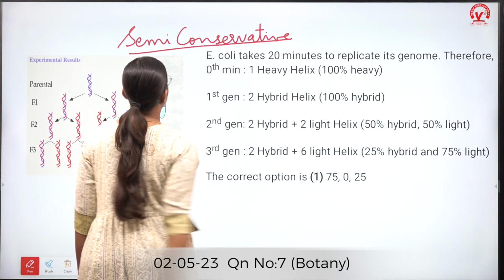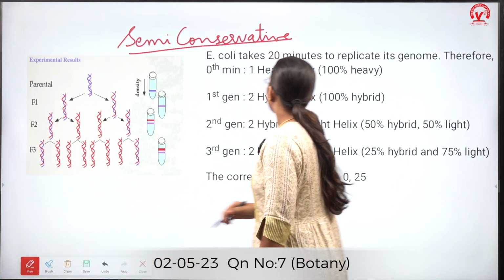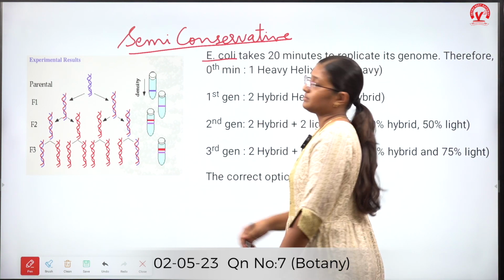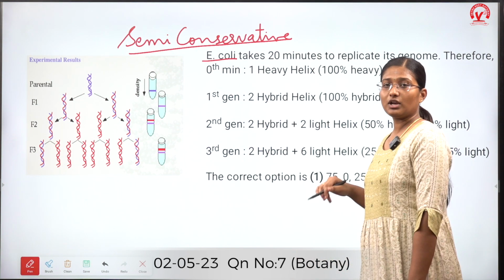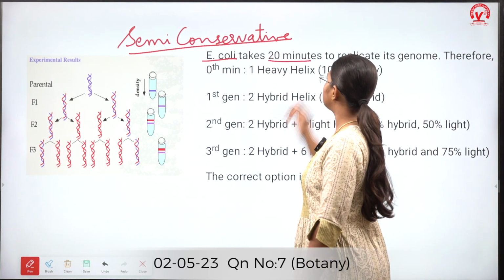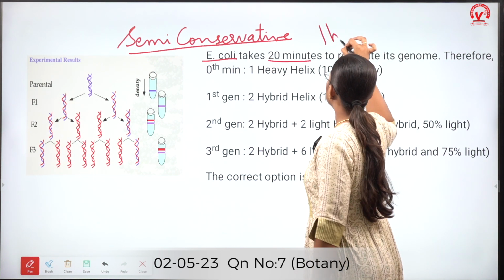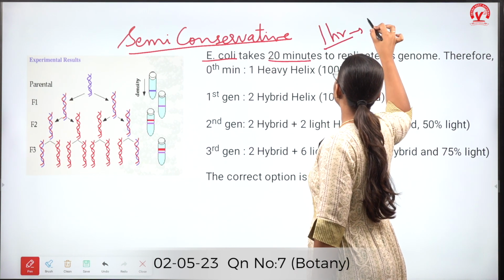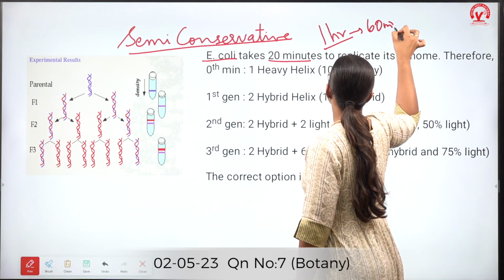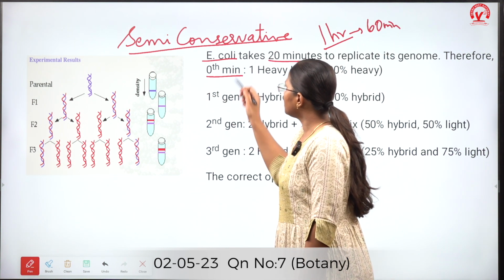In this experiment they used E. coli. One single life cycle of E. coli goes for 20 minutes. In the question they have asked for 1 hour, which is 60 minutes.